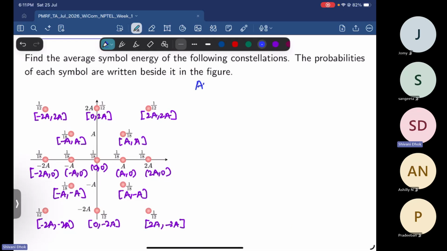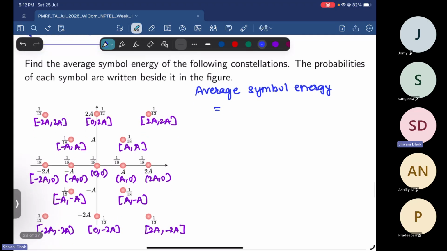So average symbol energy is equal to summation m equal to 1 to capital M, norm of Sm squared into probability of Sm.